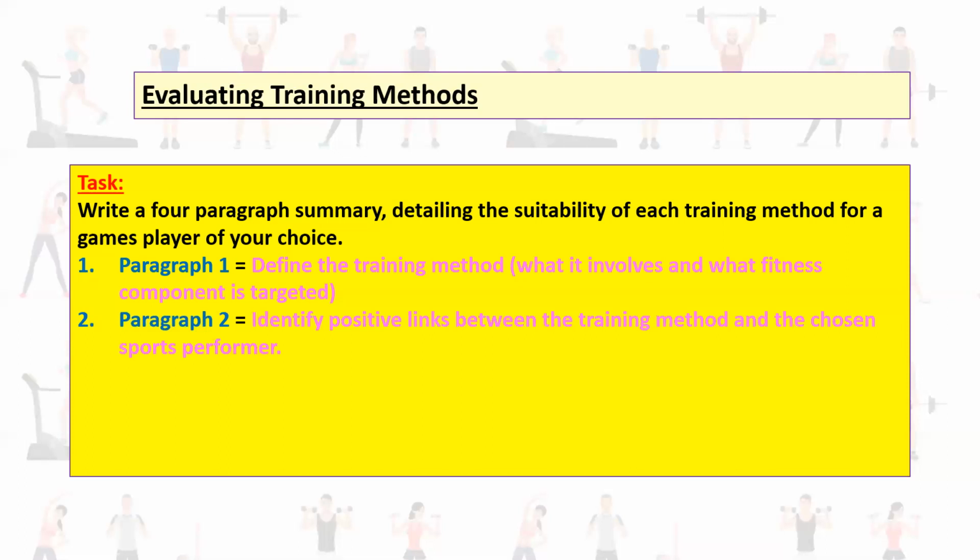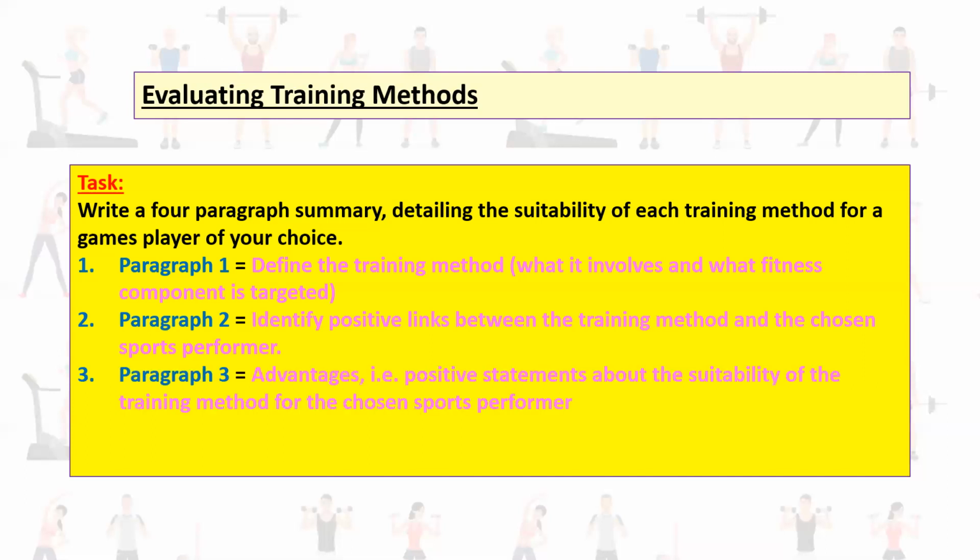So a footballer would benefit from muscular endurance because, and then you give a couple of key examples where you feel that muscular endurance would be an important fitness component when the performer is performing some sort of technique or movement or skill in the game. Ideally, a couple of examples there.